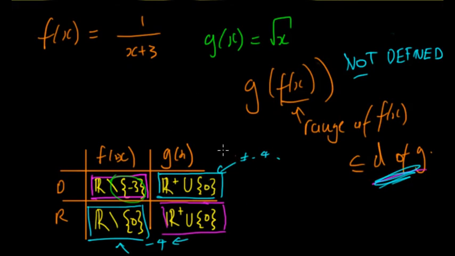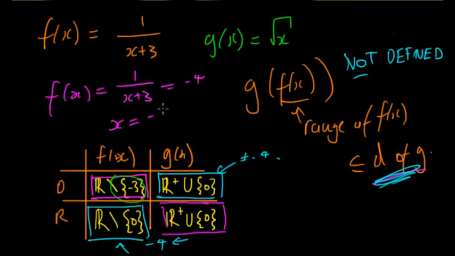So as we can see, -4 is not. Looking at this numerically, if f(x) is equal to 1 over x plus 3, that can equal -4. Then x would have to be, let's say like -3 would make it 0, so -3.25, that would give 1 over -1/4, which would just give us -4.